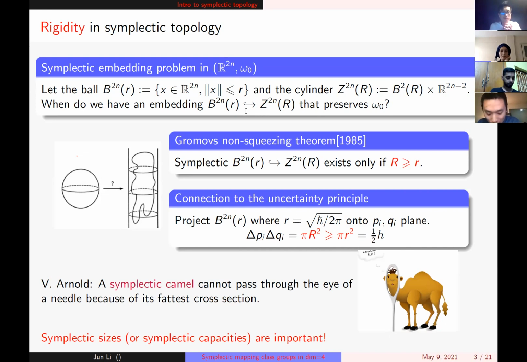It's also quite remarkable that when I talk to applied mathematicians, and bring up the connection to the uncertainty principle, they are very excited, more excited than just hearing the statement of the non-squeezing theorem itself.